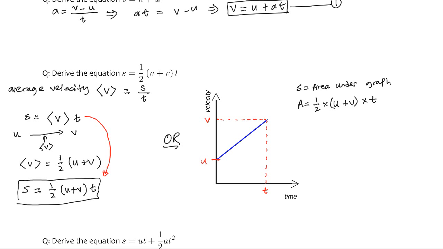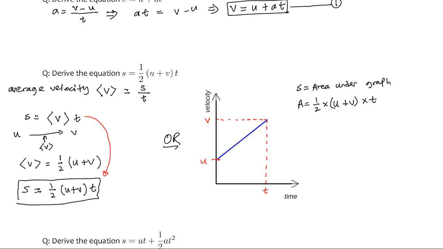Because when we consider this as a trapezium, the area is given by half times this length plus this length. So that is essentially u plus v, and I have to multiply that by this length, which is t. So that's how we got to that equation.